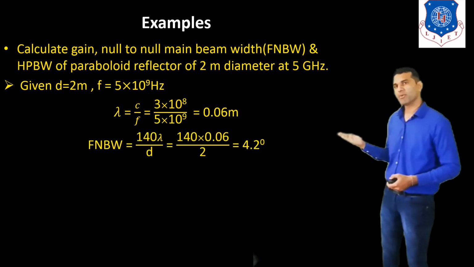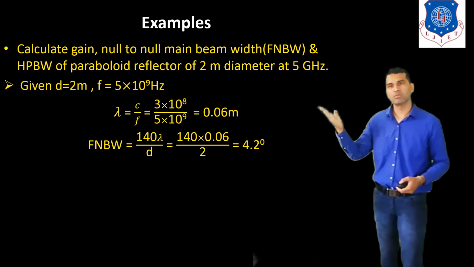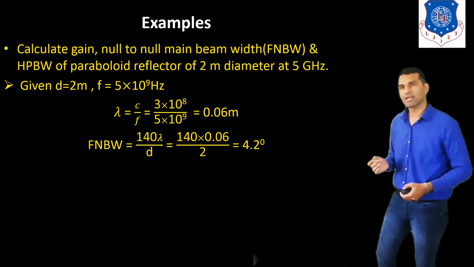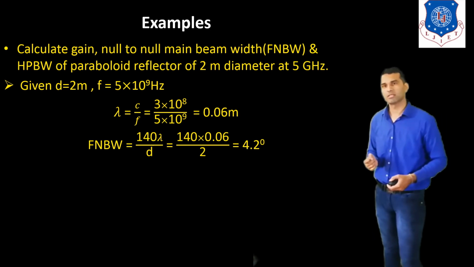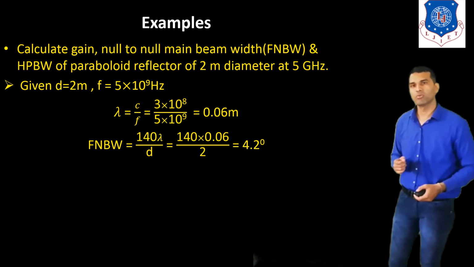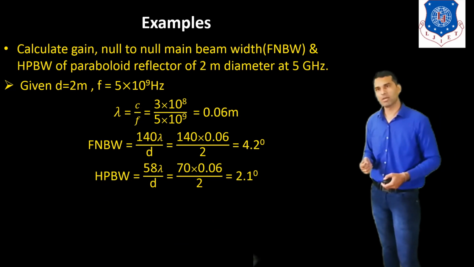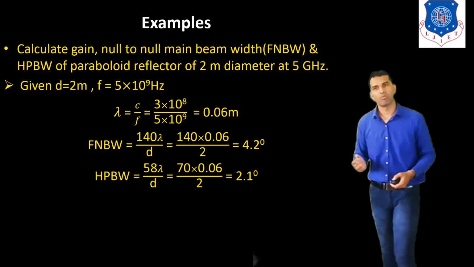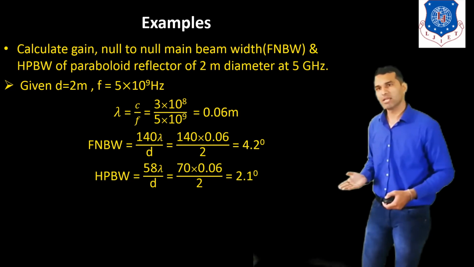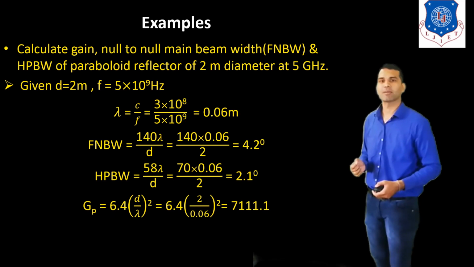We have the FNBW equation 140 lambda by D, with the lambda value 0.06 meter, and D is given as 2. So we get the first null beam width equal to 4.2 degree. We can also calculate the half power beam width as 58 lambda by D. When we place the values of lambda and D, we get the HPBW equal to 2.1 degree.